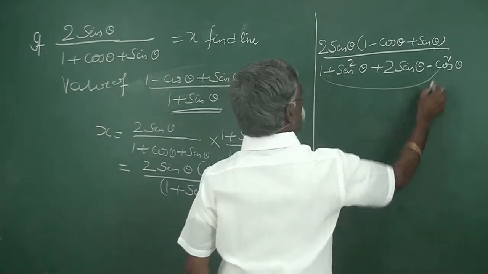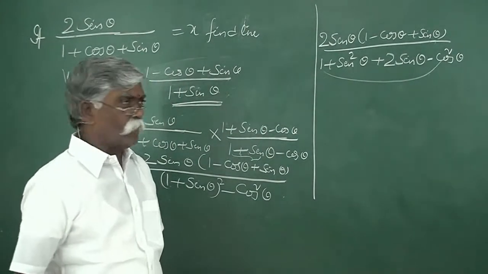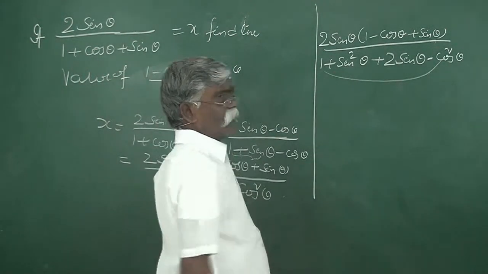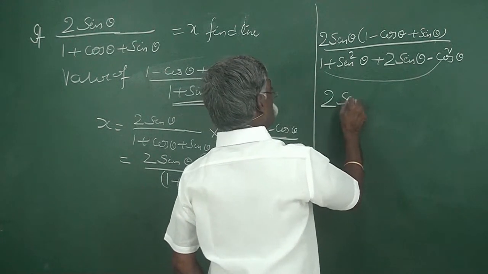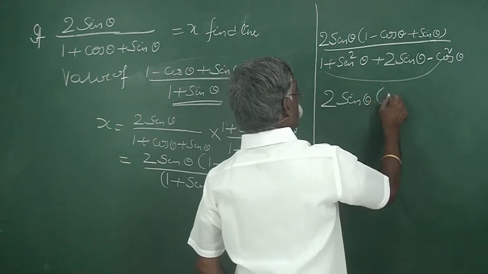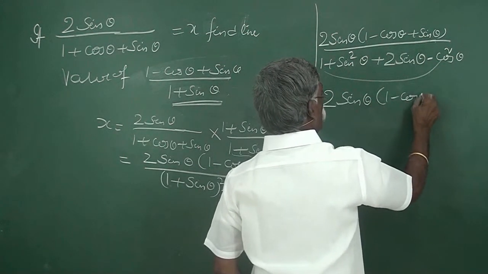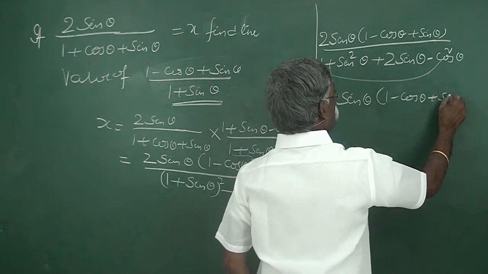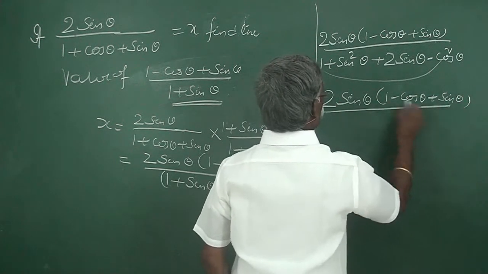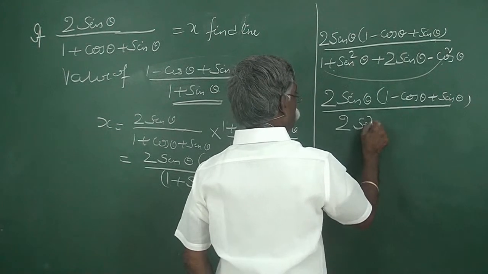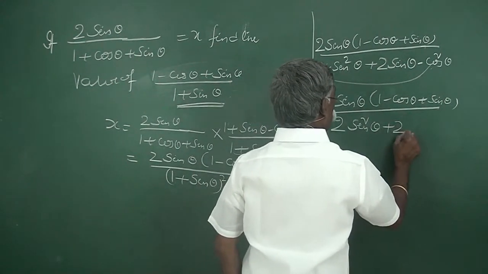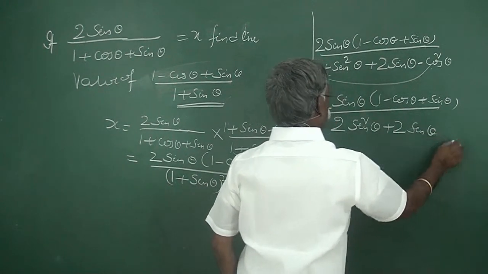Now this 1 minus cos square is sin square, and this is also sin square. It is 2 sin square theta. So 2 sin theta into 1 minus cos theta plus sin theta by 1 minus cos square is 2 sin square theta plus this is 2 sin theta.